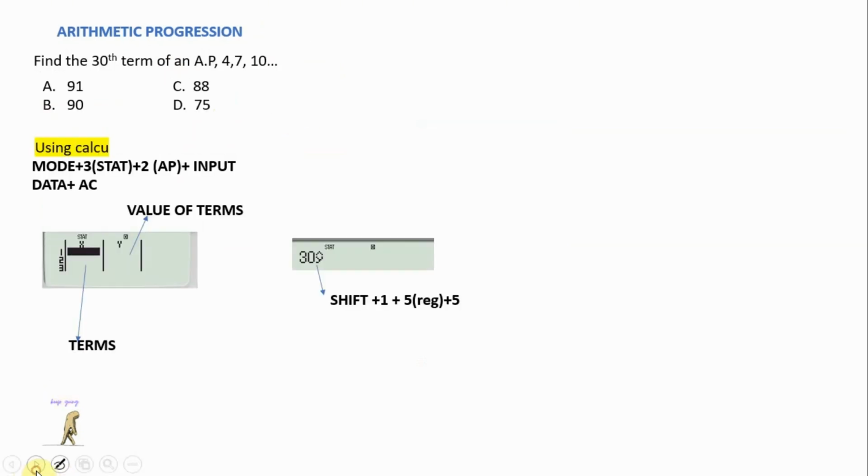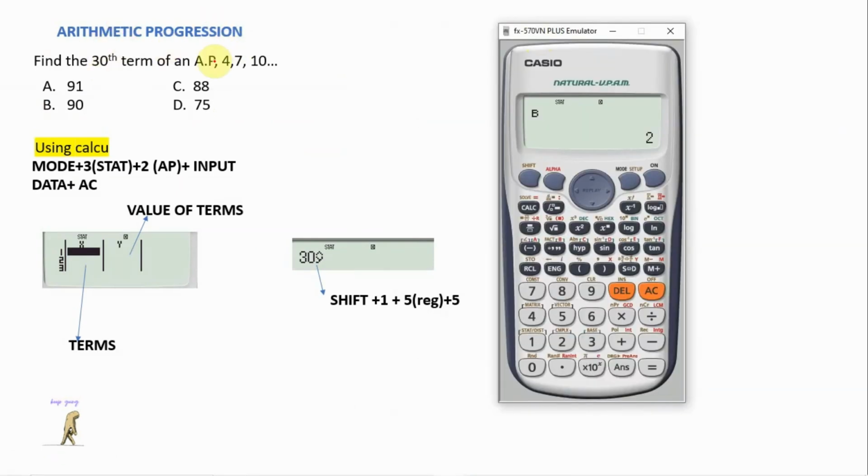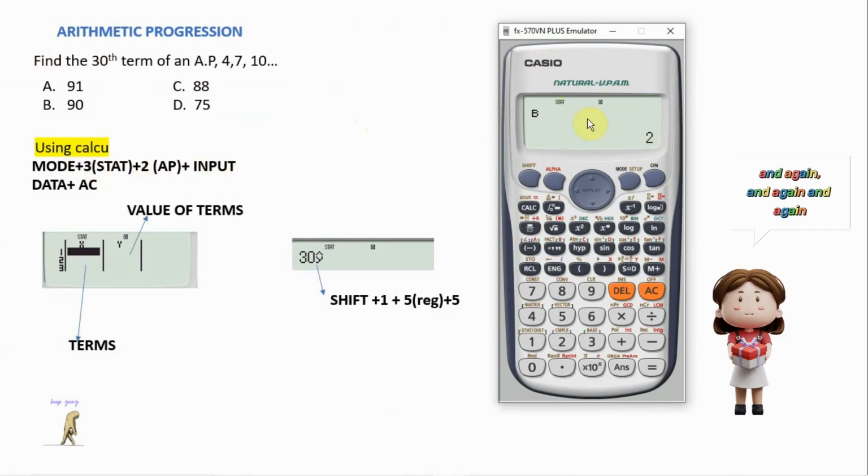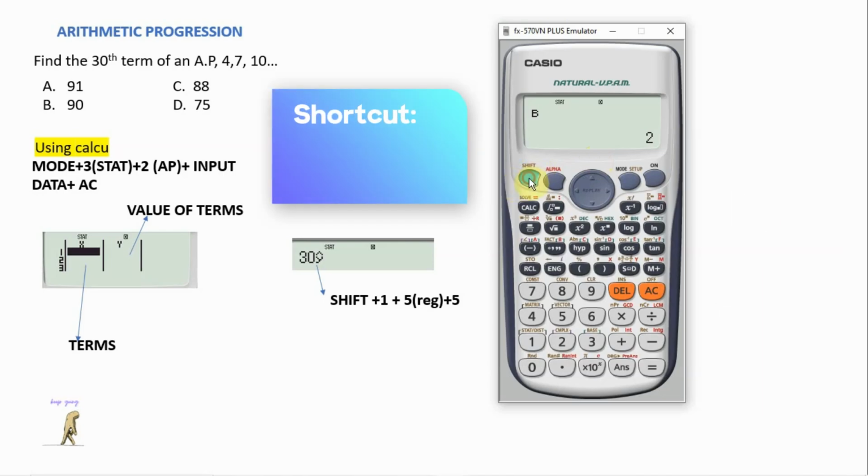So, next, as we can see, we do have another arithmetic progression problem. What we're gonna do is change the data. But if you want to use it again and again, you can. So, let's press shift, then 1 once more, and then as we can see, data.